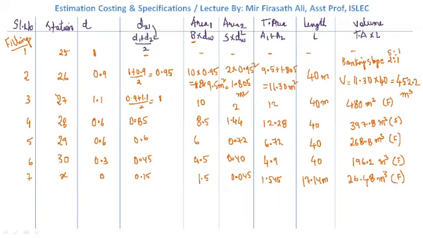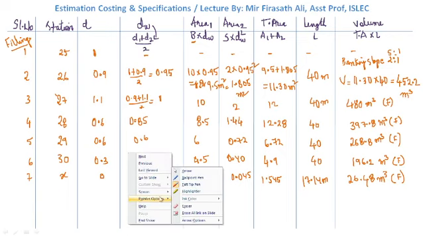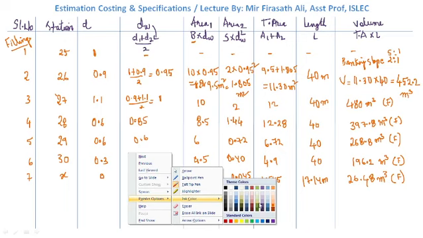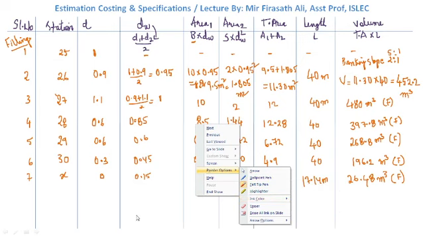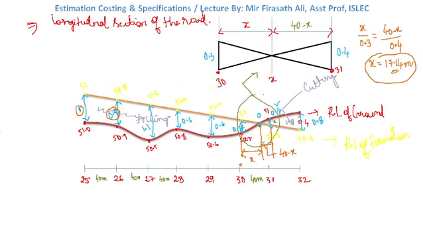Now we have the next two serial numbers, 31 and 32. Okay, we have the next stations which are nothing but 31 and 32. At 31 and 32, the cutting phenomenon is happening. Look at it over here.